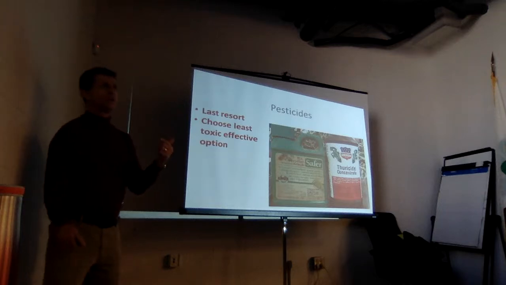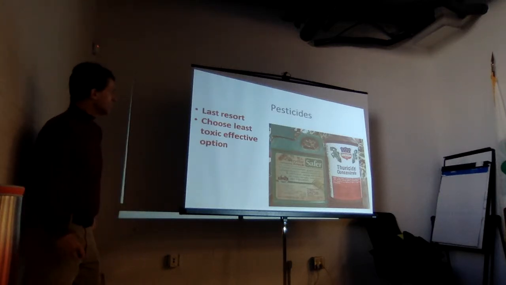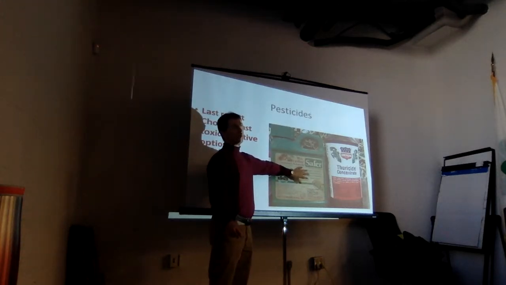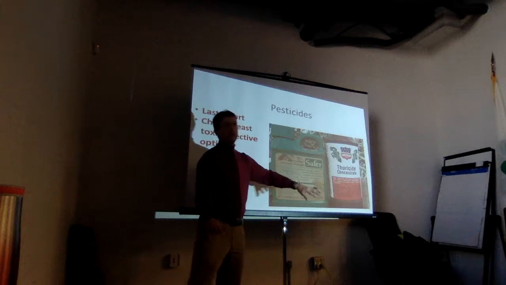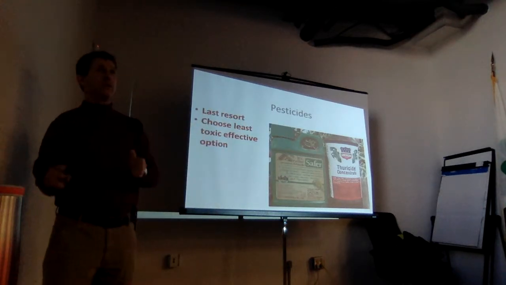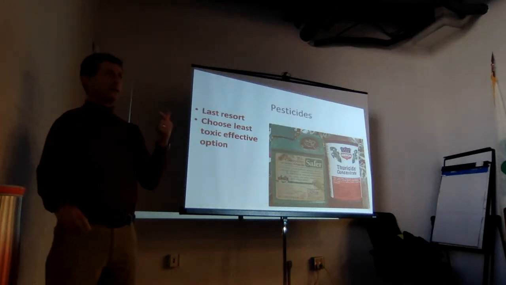I think they have to consume it, and then it messes up their stomach. And it's very low toxicity, and that's what we're looking for, low toxicity. And just to remind you, natural does not necessarily mean low toxicity. In many cases it is, but you have to be skeptical.